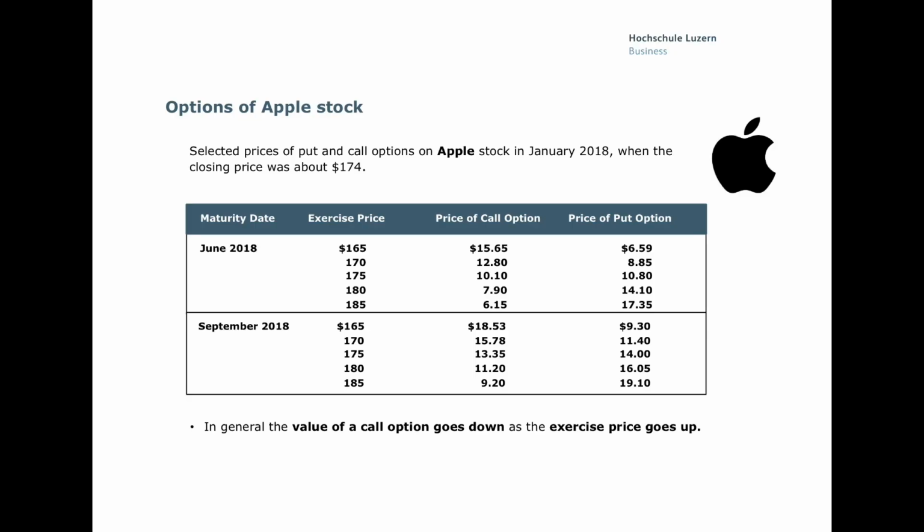Call options become more valuable as the stock price increases and less valuable as the exercise price increases. For a put option, the payoff on exercise is the amount by which the strike price exceeds the stock price. Put options therefore behave the opposite way from call options. They become less valuable as the stock price increases and more valuable as the strike price increases.